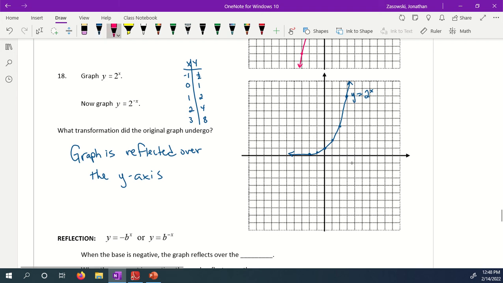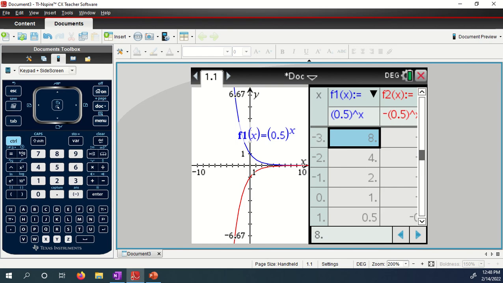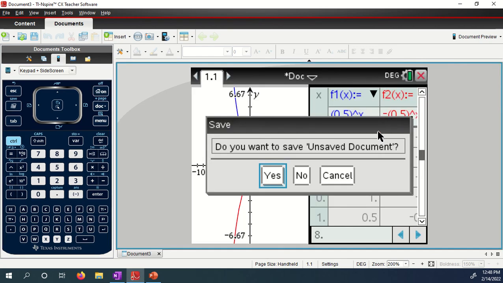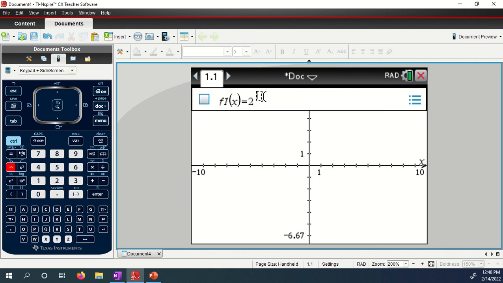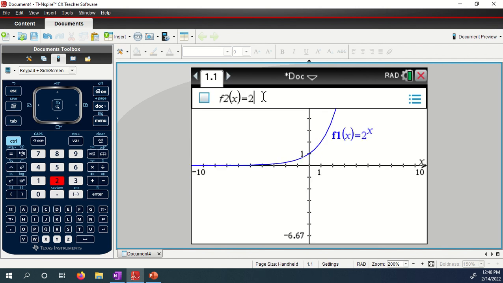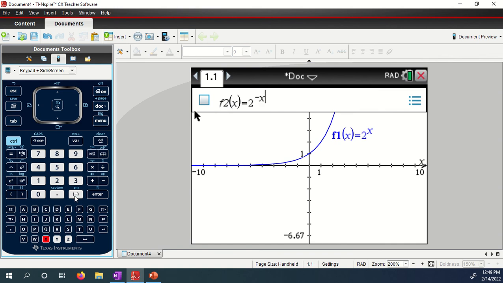So we go -x, okay? Then it's going to flip over the y-axis here. So it's going to make the x negative. So we can go ahead and enter that in. So new document, don't save, graph 2 to the x, tab 2 to the -x.